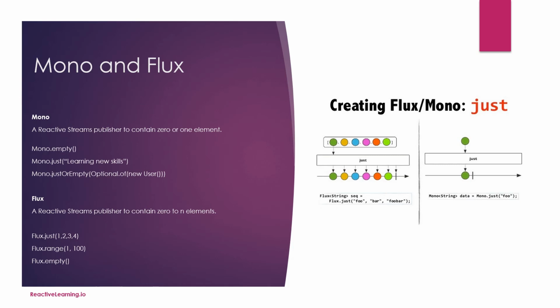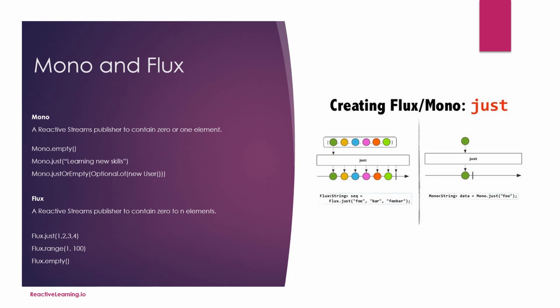A publisher can be created by calling the just method. Like in this example, if we want to create a Mono of string, we can use Mono.just and pass our string value to it. If you want to create a Flux, then you can pass multiple values to its method.